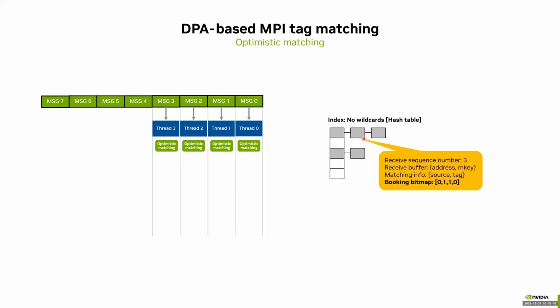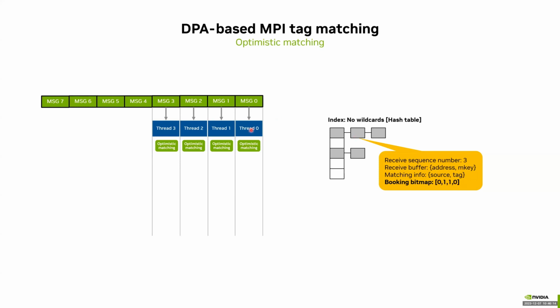Each receive, other than the classic information, like the receive buffer and the matching information, also keeps a booking bitmap. The first bit is for thread 0, then thread 1, and so on. One thread will flip its bit in the booking bitmap of a receive only if it has a message that matches that specific receive.